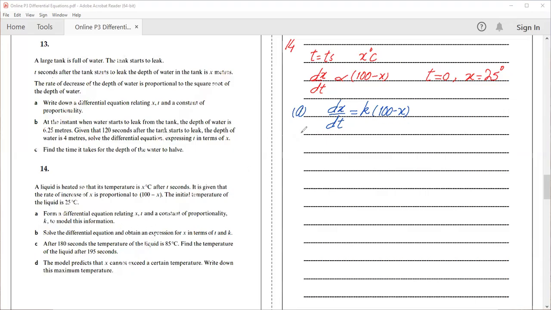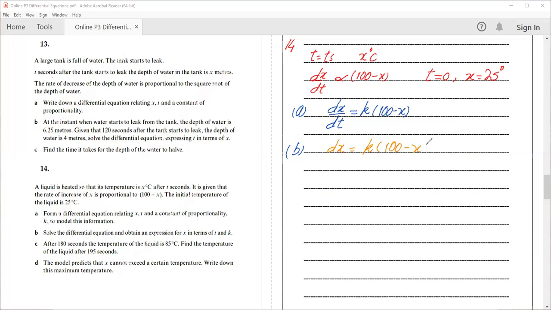That's why the B part of the question is: solve the differential equation and obtain an expression for x in terms of t and k. Whenever we have to solve a differential equation, first of all, the terms of the derivative must be on one side. Already those terms are on one side.